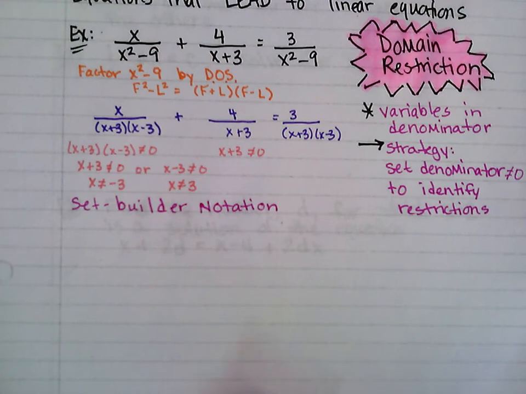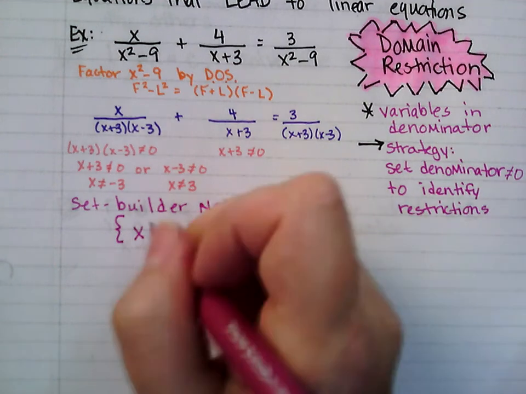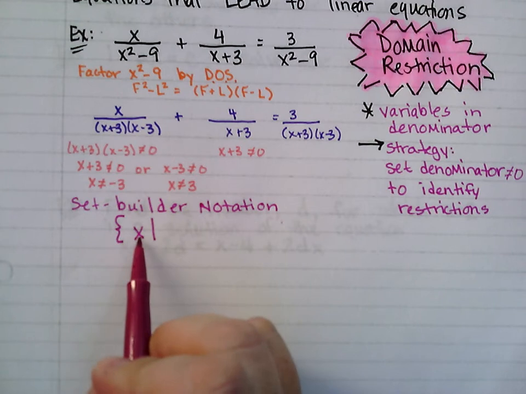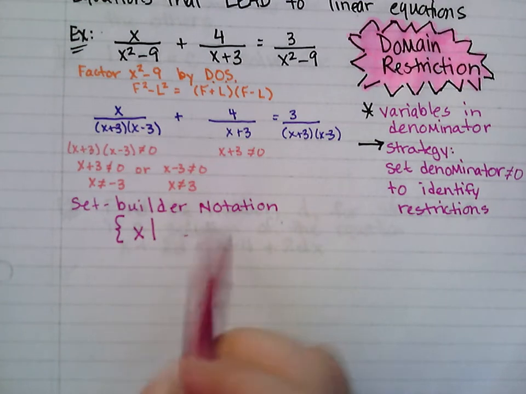Set builder notation, you have the squiggly brace, and then the letter, whatever your variable is, our variable is x, and then this vertical bar. So this means the set of all values of x such that, and then I give the rule for x.